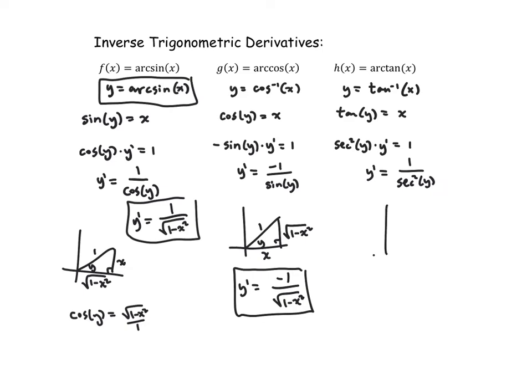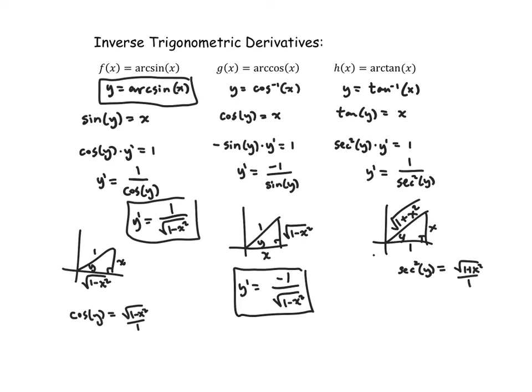Let's draw a diagram. The tangent of y equals x over 1. That leaves the hypotenuse as the square root of 1 plus x squared. The secant of y is hypotenuse over adjacent.